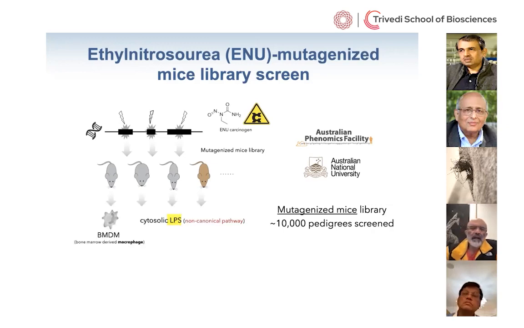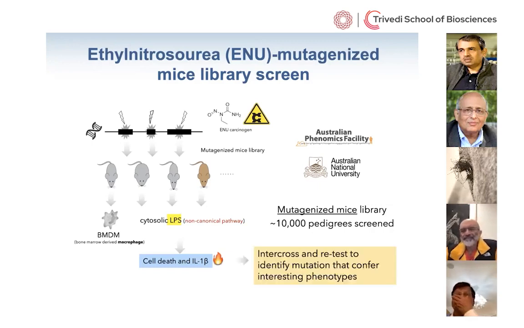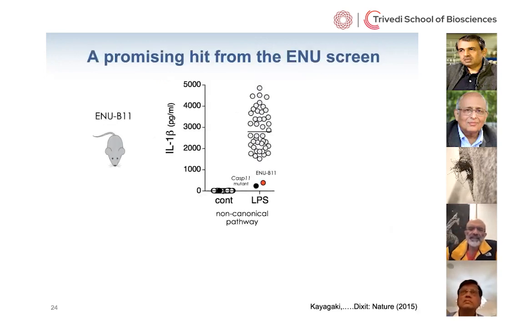And we simply ask from these pedigrees whether we have broken their ability to respond to LPS. So we isolate bone marrow-derived macrophages from each of these pedigrees, and we stimulate them with LPS, and we ask, is the non-canonical pathway broken? And we can ask that relatively simply by measuring cell death and IL-1 beta generation. There's some more complicated genetics one has to do to identify the mutation of interest, but eventually one is able to do that.